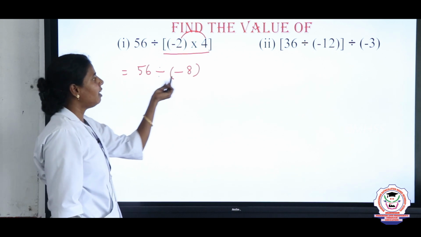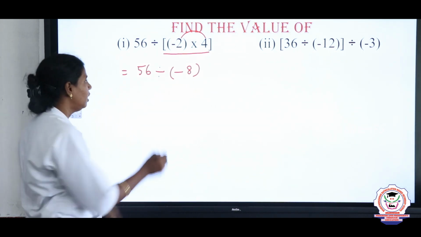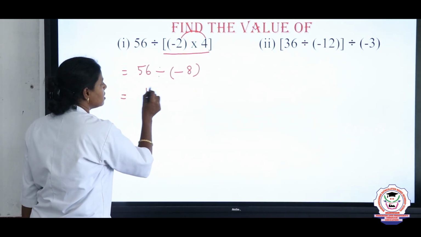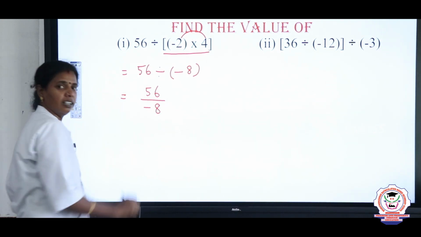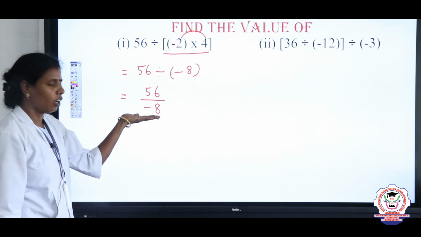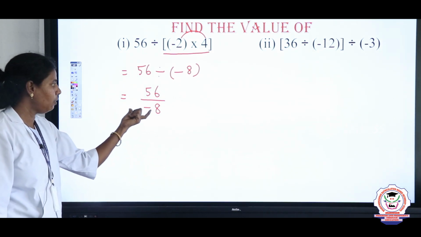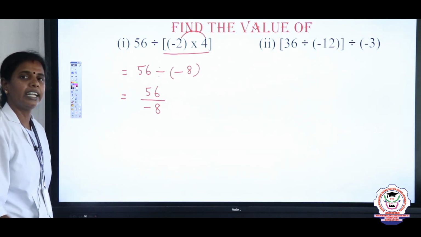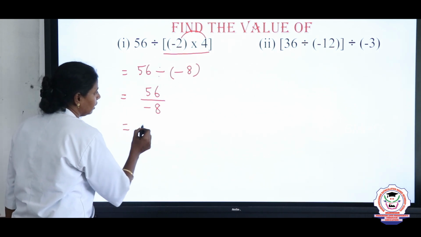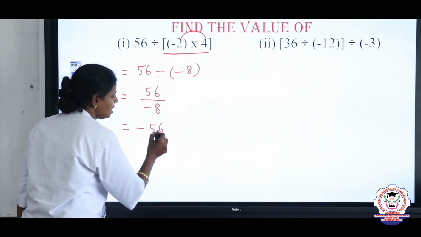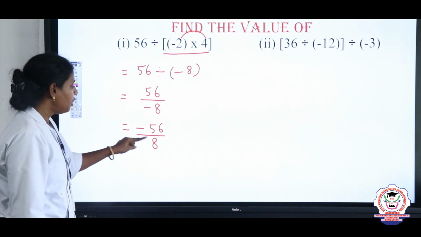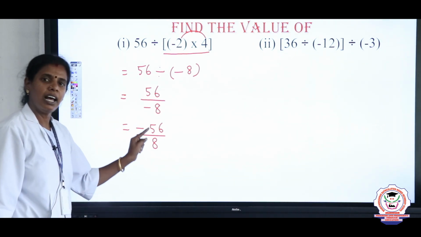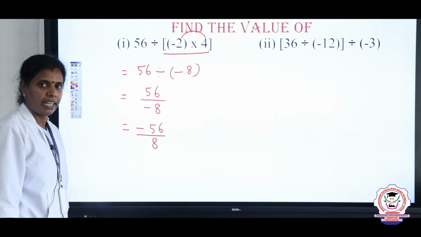Now 56 divided by minus 8, right. So, we know how to write this, 56 divided by minus 8. Here the denominator is positive or negative? It is a negative integer. So, we are going to take the negative sign to the numerator, that is minus 56 divided by 8, right. Now, 56 and 8 have the common factor of 8 table, right.